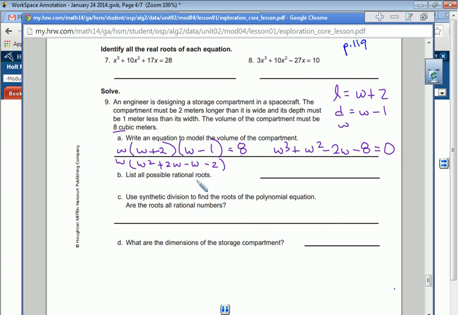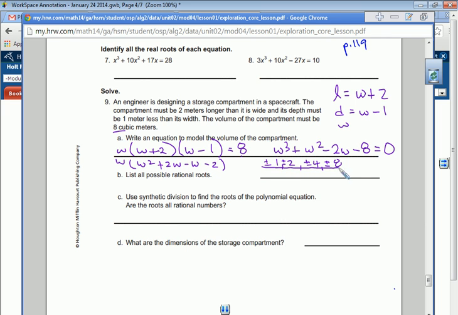All right. Now, it says list all the possible rational roots. So, possible rational roots are all the factors of the constant over all the factors of the leading coefficient. All right. So, what are my factors of negative 8? Positive negative 1, positive negative 2, positive negative 4, and positive negative 8.